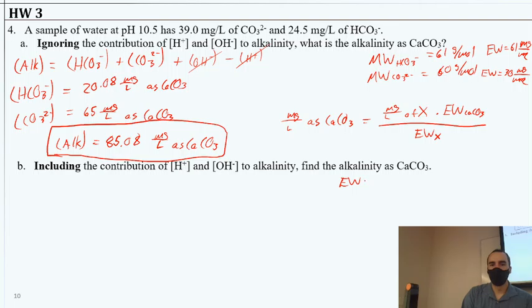Equivalent weight for H plus is 1 divided by 1. Equivalent weight for OH minus is the same as the molecular weight, which is oxygen 16 plus 1 for the hydrogen is 17. So equivalent weight 17 divided by 1, milligrams per milliequivalent.